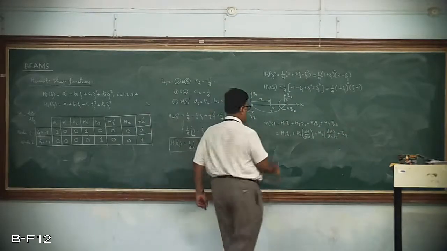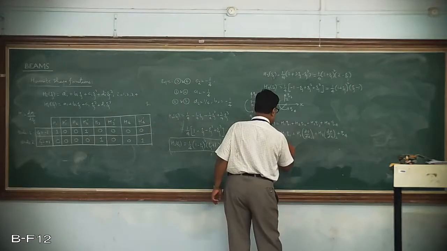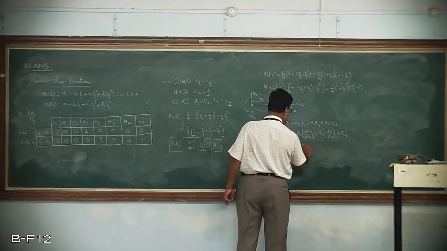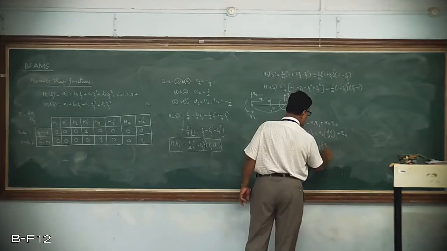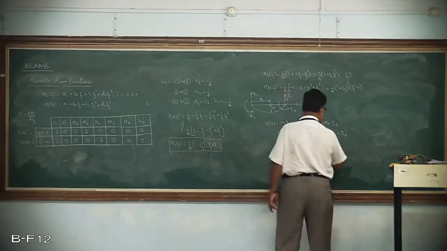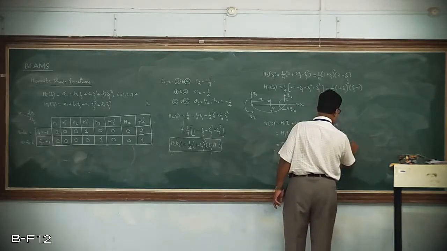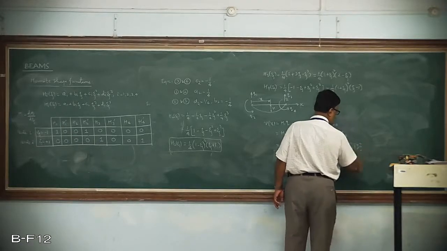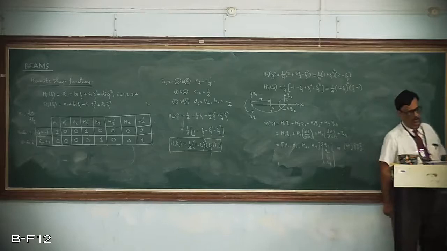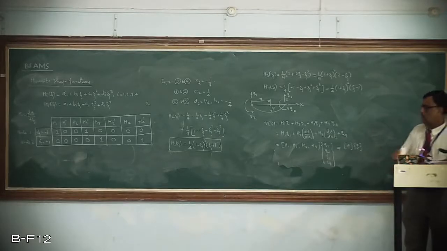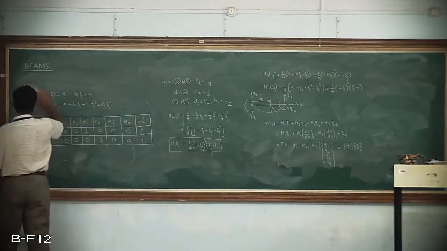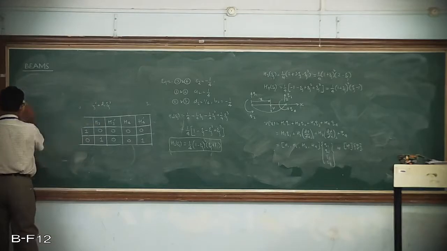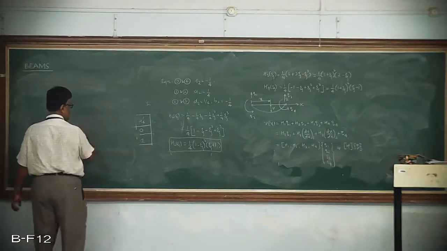Therefore, I can rewrite this as H1, H2, H3, H4 and this one as Q1, Q2, Q3, Q4 as a column matrix, and this is equal to HQ. This is the format in which we are going to get the deflection of the beam in terms of the x coordinate, please remember, and still we have to convert that from x coordinate to zeta coordinate, the natural coordinate.